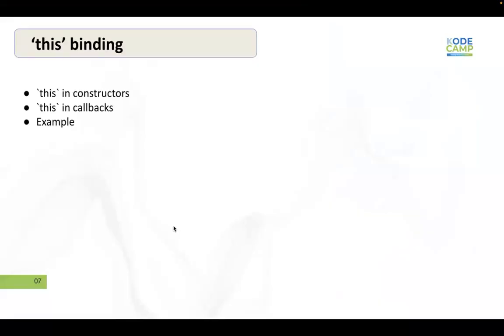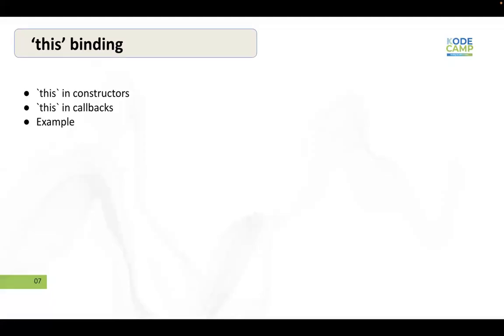So now we move to the this binding. This is not a constructor function. We're dealing with ES6 classes, which are syntactic sugar over constructor functions.